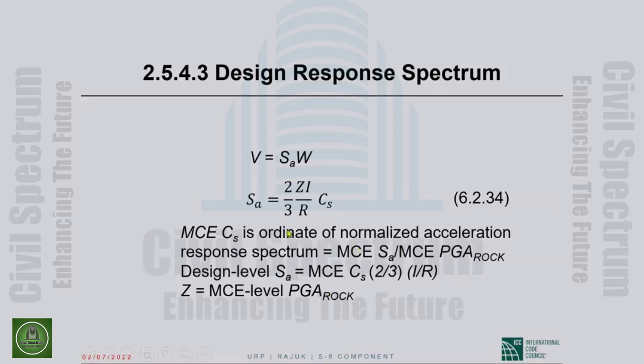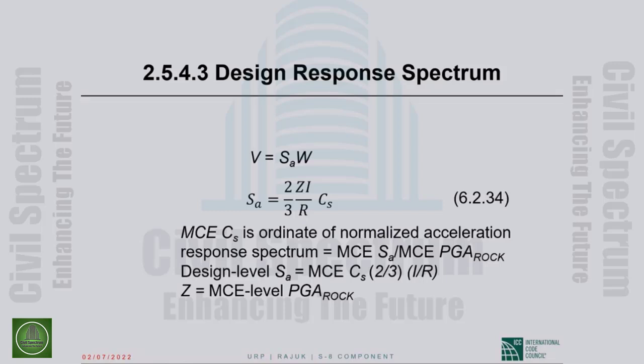So all we have done here is taken MC level S sub A, multiplied by 2/3 to get it down to design level, and then made those I over R modifications. I spent quite a bit of time with this part, and hopefully you will gain something from it, in your ability to relate ASCE 7 and BNBC.